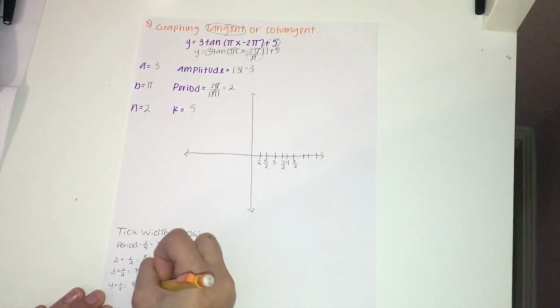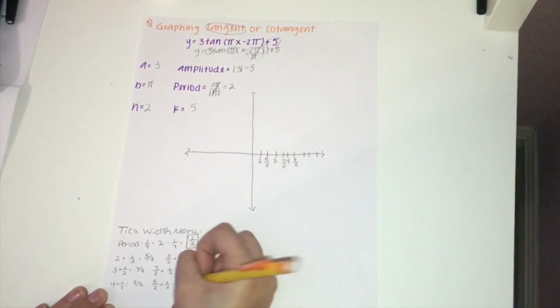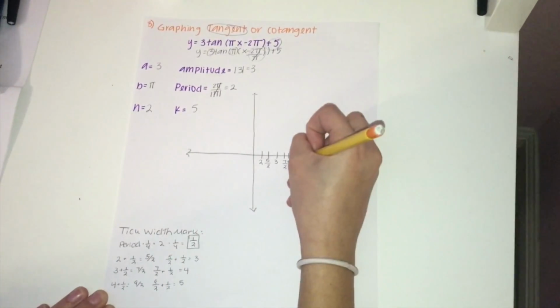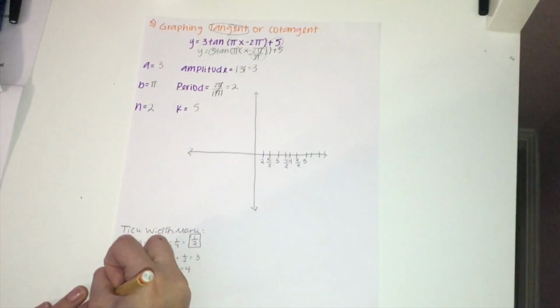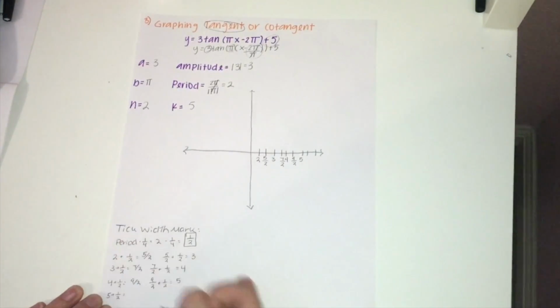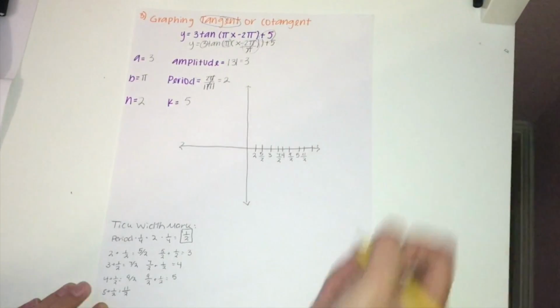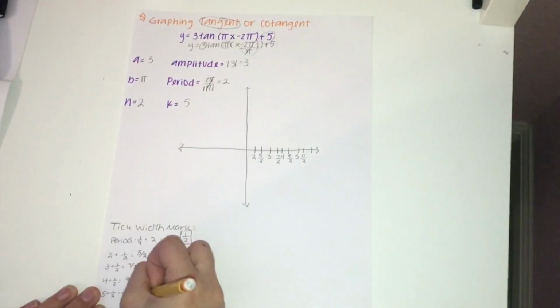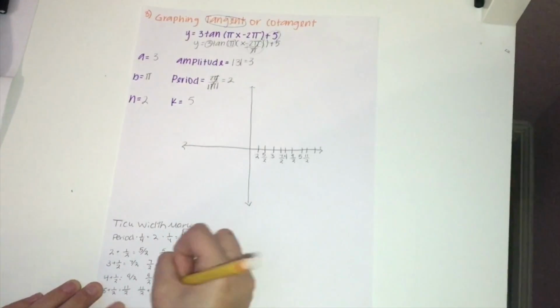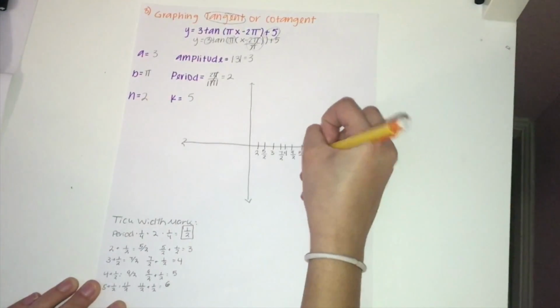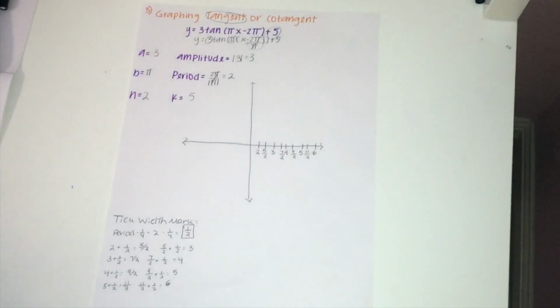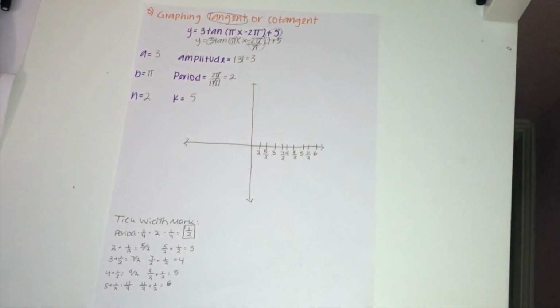Then 9/2 plus 1/2 gets you 5. Then 5 plus 1/2 is 11/2. Then 11/2 plus 1/2 gives you 6. And 6 is your last point, which will be the last point shown on the tangent graph.